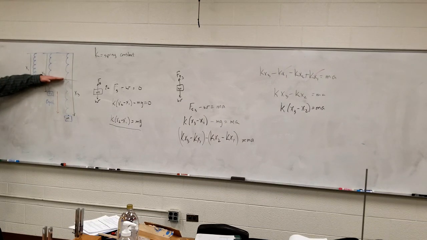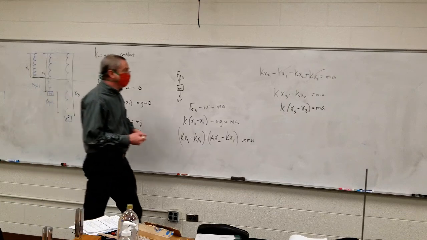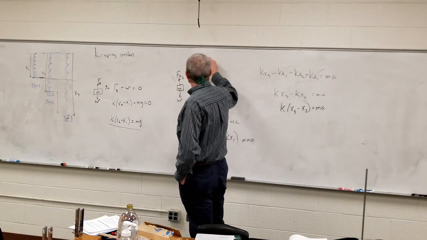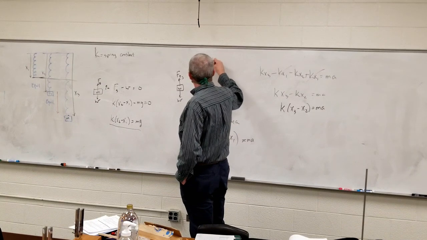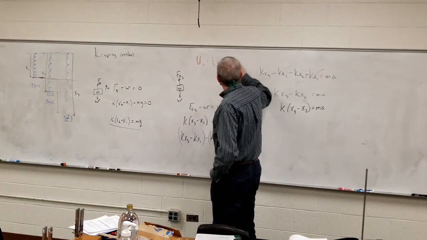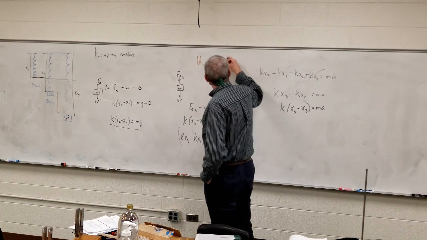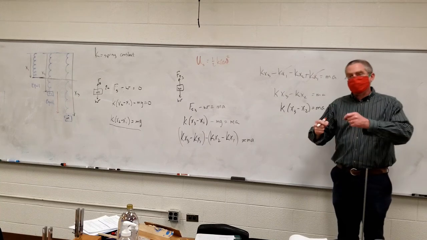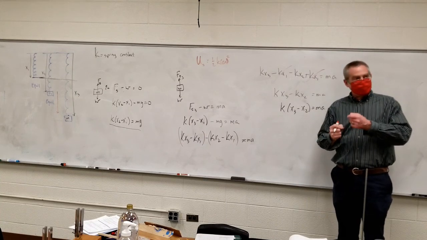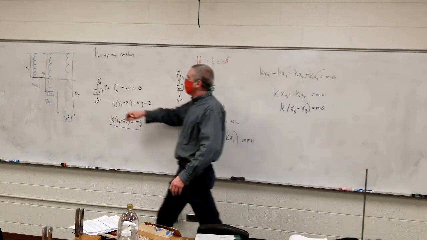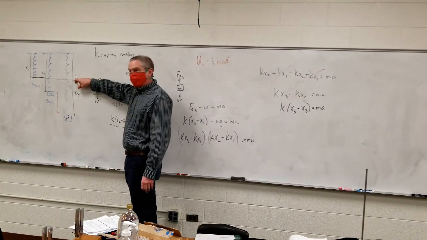If we look at the energy, the spring potential energy, or elastic potential energy, one-half k delta x squared, if you take the weight into account, in other words, you also take into account gravitational potential energy, mgh, then you're dealing with a stretch from here.